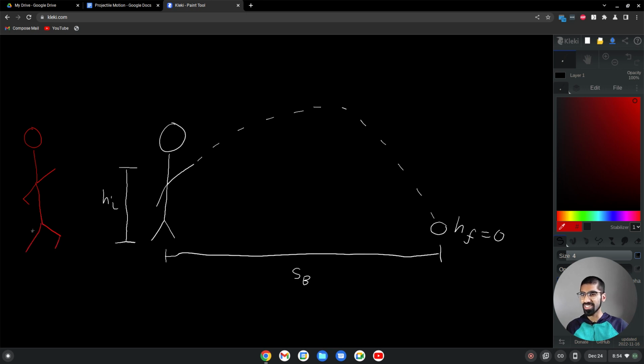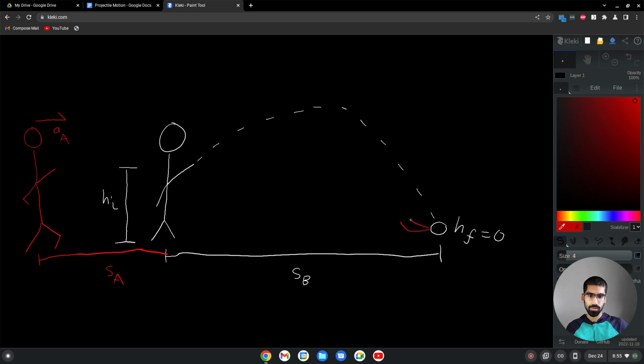They're sprinting as hard as they can, starting from rest and then accelerating with an acceleration of AA, for person A. Initially they were some distance SA away from this other person, and starting from rest they accelerate all the way over to just barely catch the ball in time.